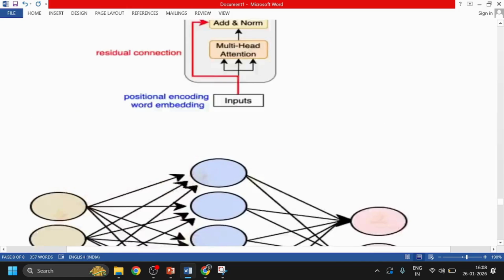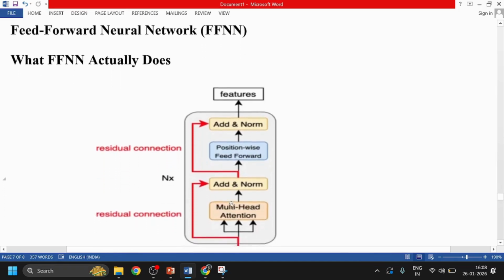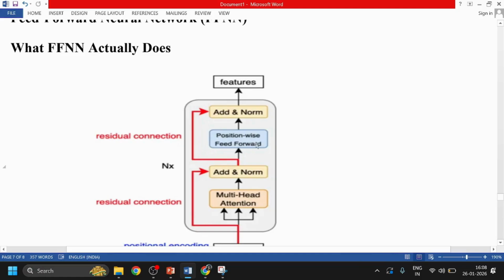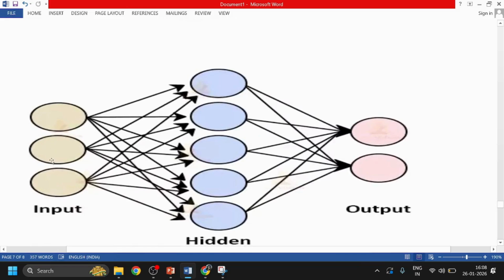Now we can see the feed forward neural network. I think you already know about it from deep learning. What is a feed forward neural network? It has two linear layers with a ReLU activation in between. It has an input layer, hidden layers, and output layers.